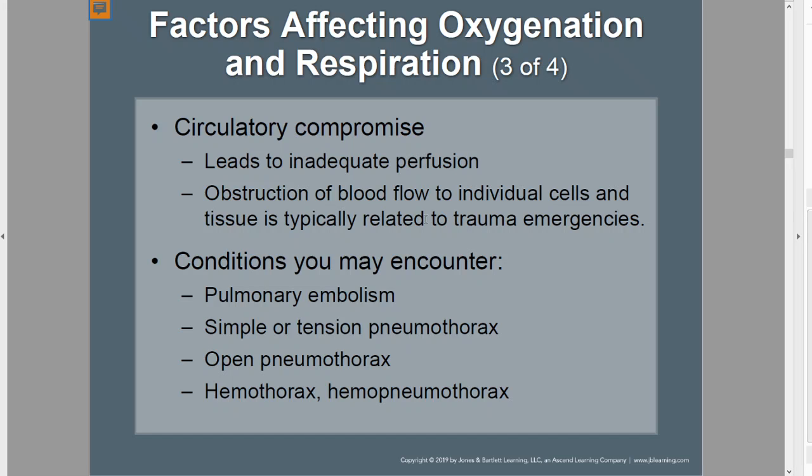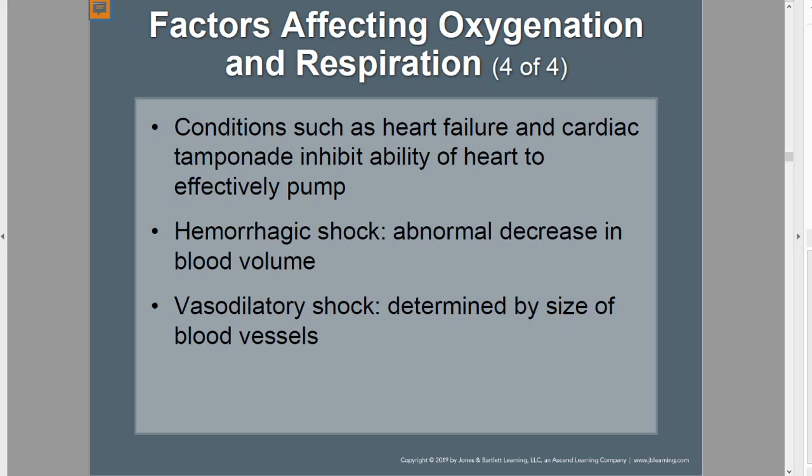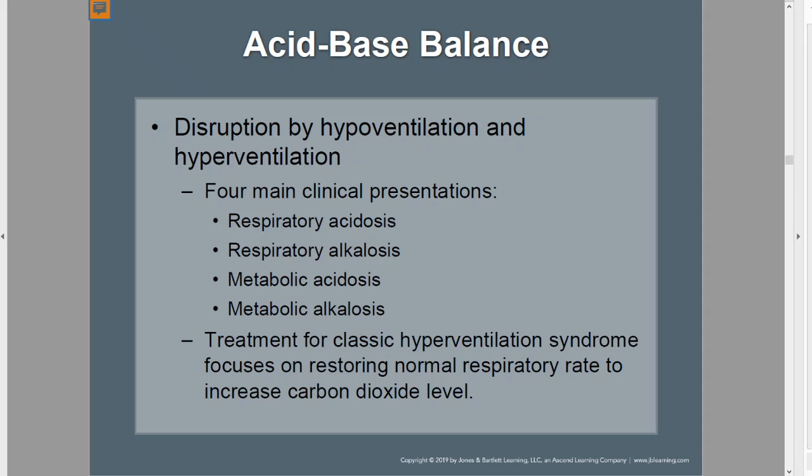That would be a way that the blood can't get back to the alveoli to make a gas exchange. Pulmonary embolus, a pneumothorax, stuff like that. And I'll let you review these. I'll let you guys understand.